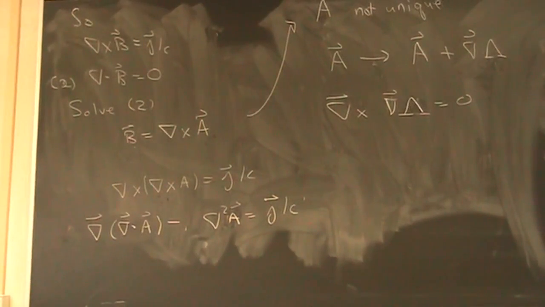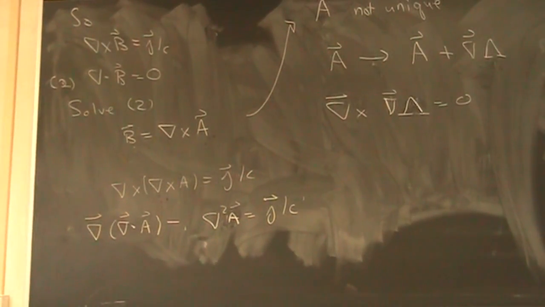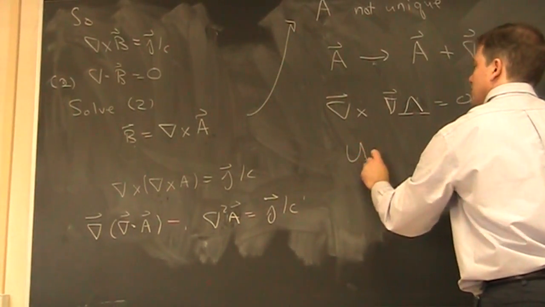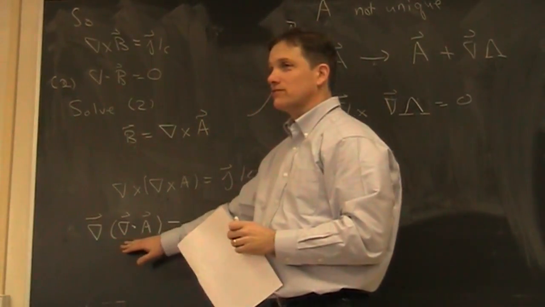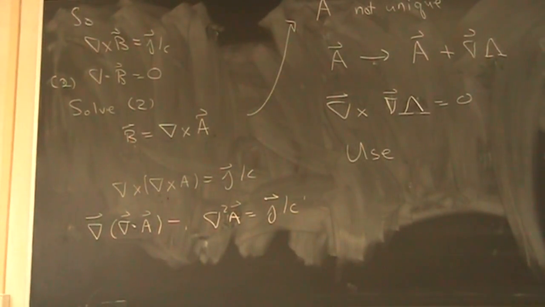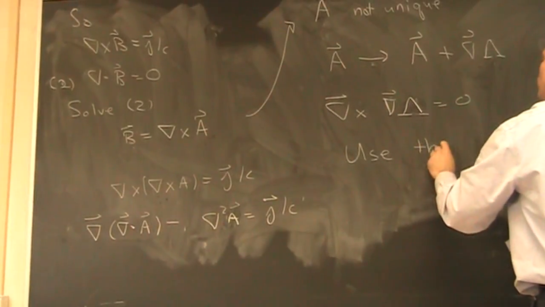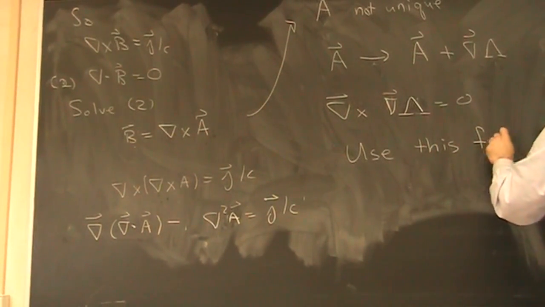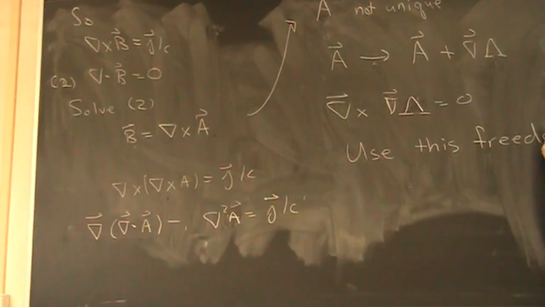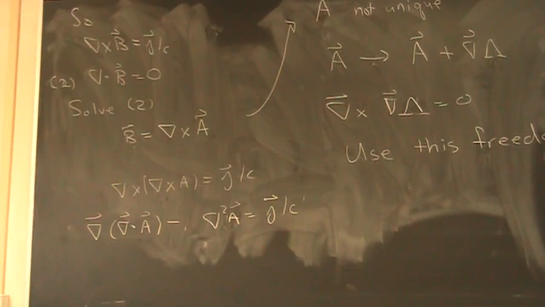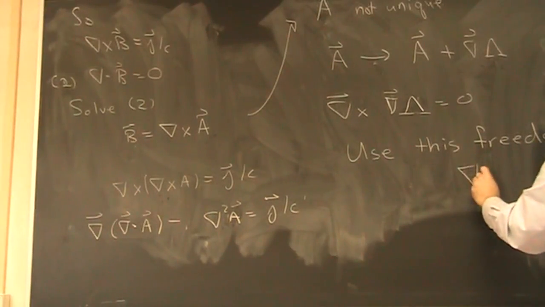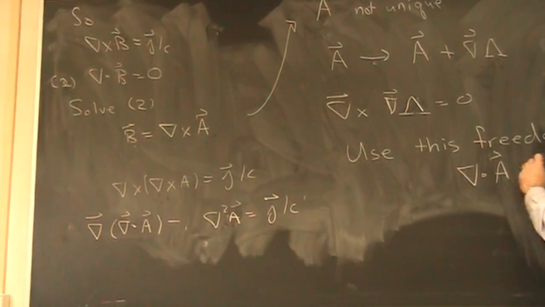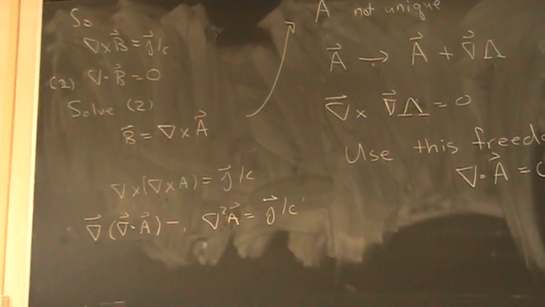So you can use this freedom to choose one scalar condition. You can use this freedom to eliminate this term, which is now the Coulomb gauge.